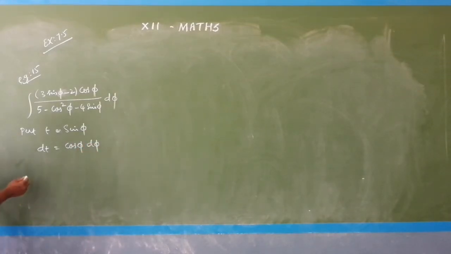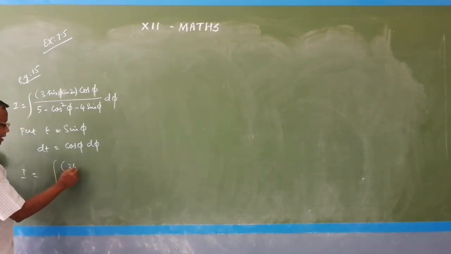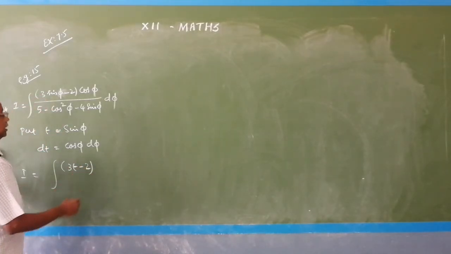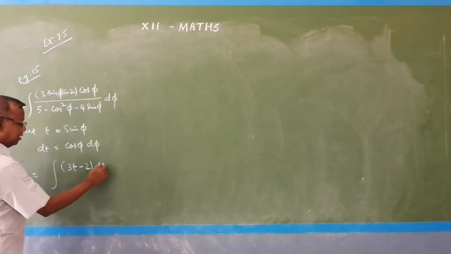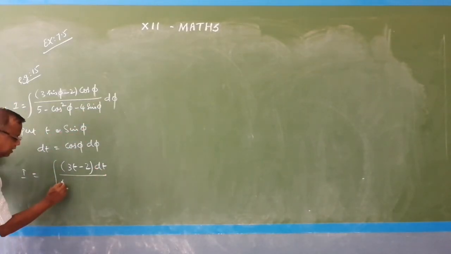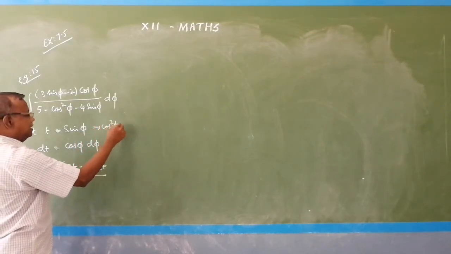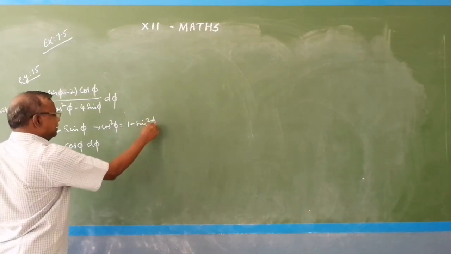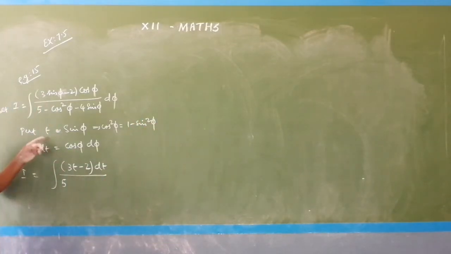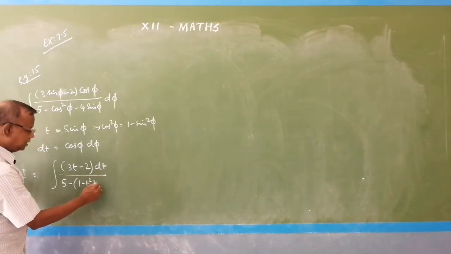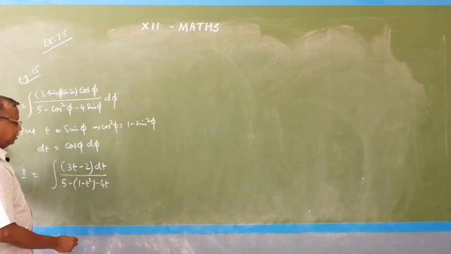Replacing here, let us assume the integral is equal to I. Therefore, I equal to the integral of (3t minus 2) into cos phi d phi, which is dt, divided by 5 minus cos square phi, where cos square phi means 1 minus sin square phi, that is 1 minus t square. So, 5 minus (1 minus t square), and minus 4 sin phi, which means 4t. So, this is the function.